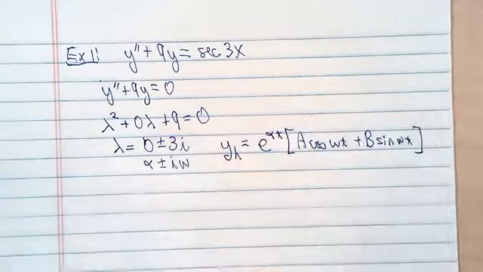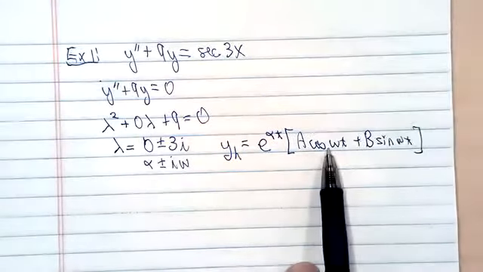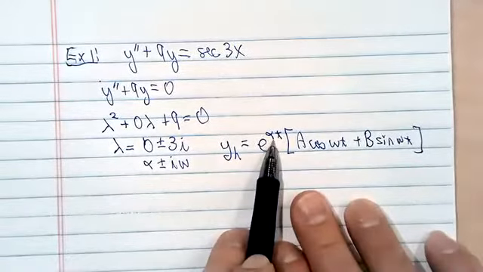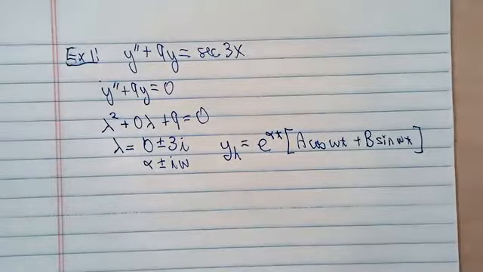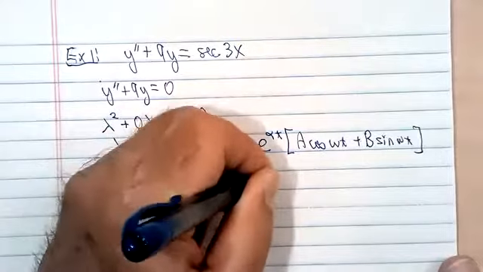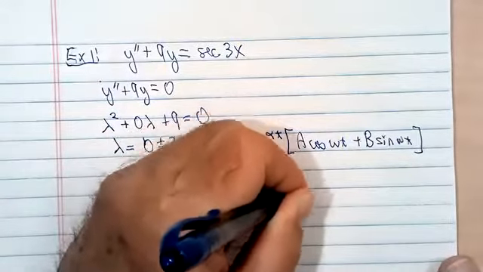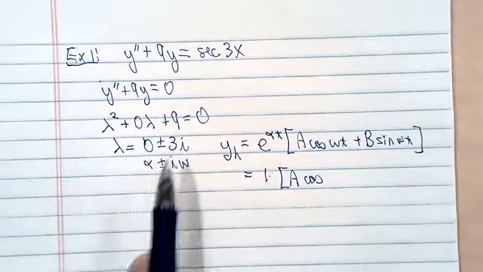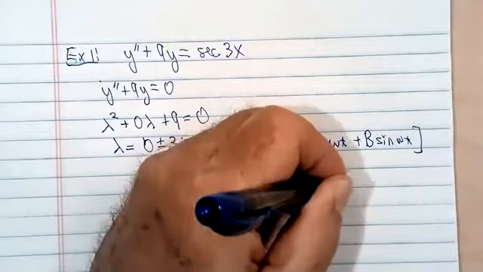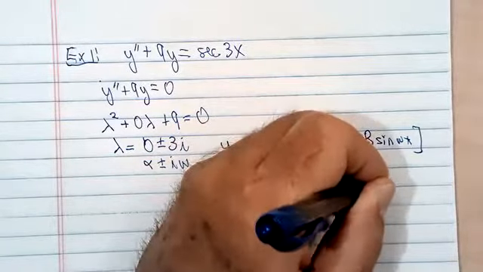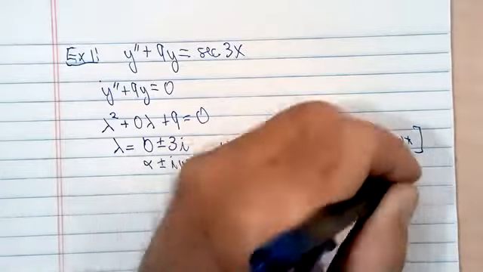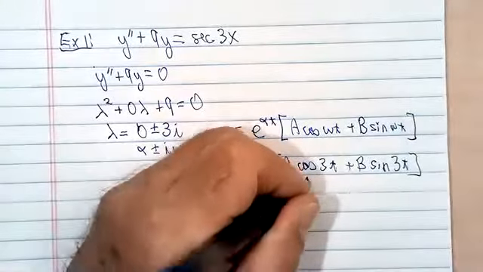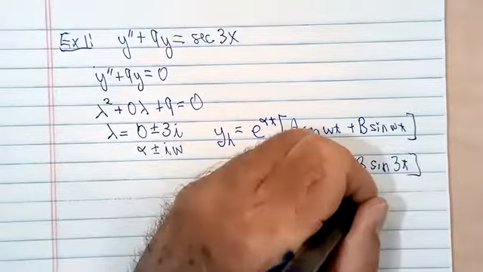The two solutions then would be the exponential times the cosine, exponential times the sine. In this case, though, the alpha is 0. So that's e to the 0t, that's just a 1. Omega, in this case, is 3. So a cosine of 3t plus b sine of 3t, that's our general solution. And you pick one of those to be y1, and you pick the other one to be y2.